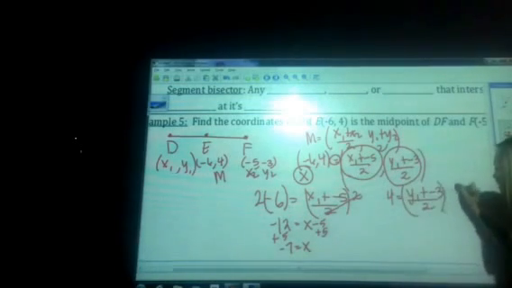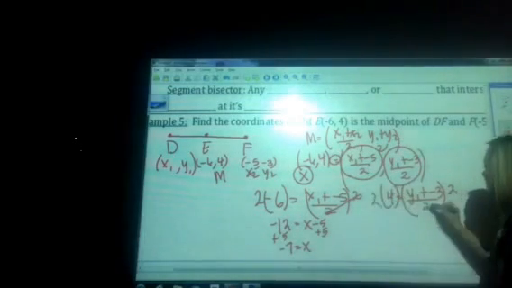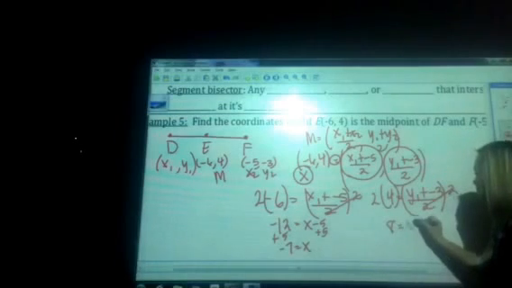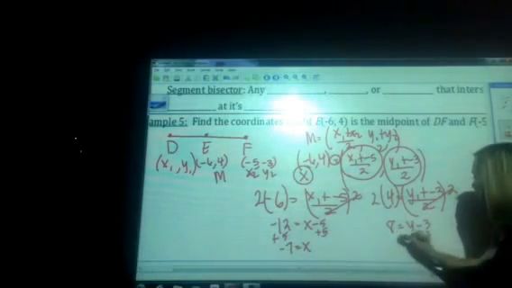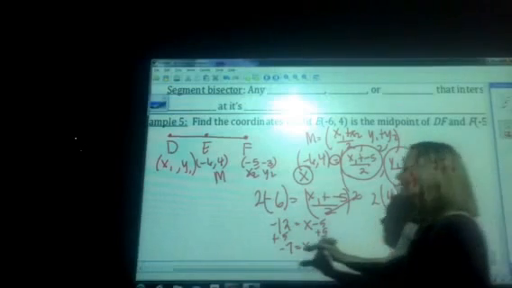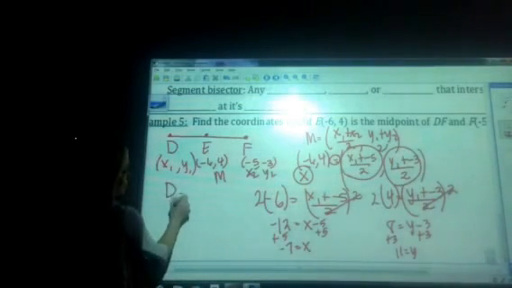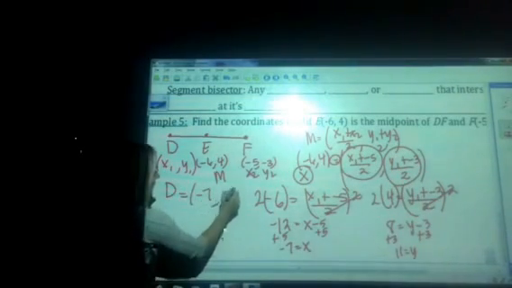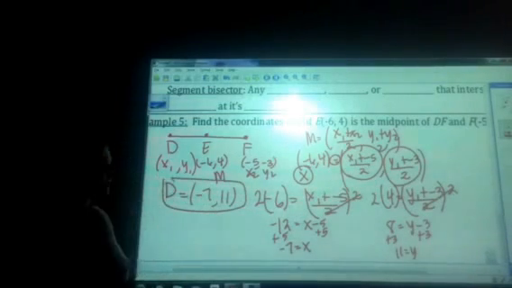Again, over here, multiply both sides by 2. And I get 8 is equal to y minus 3, plus 3, plus 3, 11 is equal to y. So D would be located at the point (-7, 11), and now we are done.